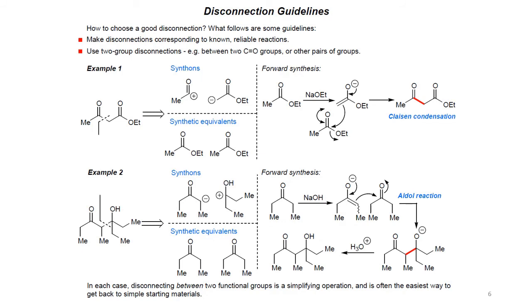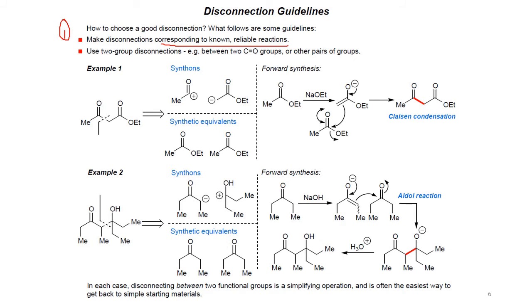When we talk about synthon and disconnection, how do we choose a good disconnection? Below are some guidelines. The first point is to make a disconnection corresponding to a reliable reaction, as I mentioned in the previous slides.